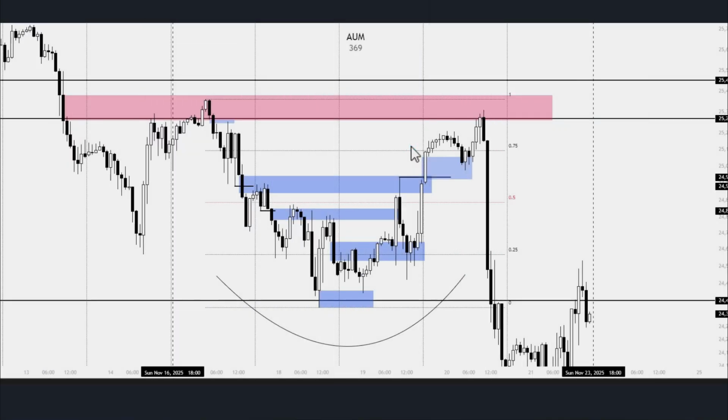Now let's get to the main part of the video, how to gauge order flow using IPRs and BPRs. As you can see, we have this red shaded area right here, which is an imbalance. So when Monday opened, price reaches it and rebalances it.